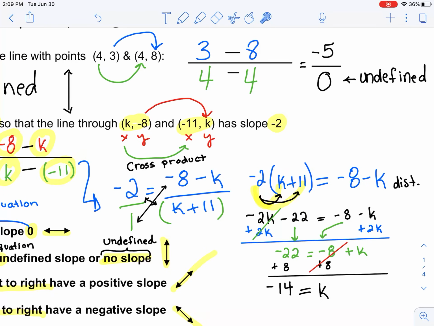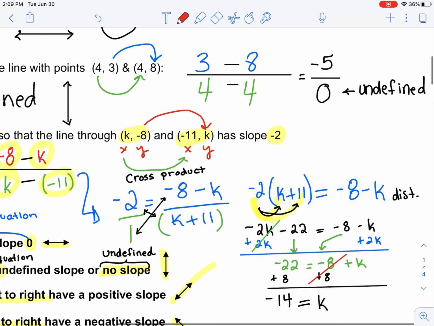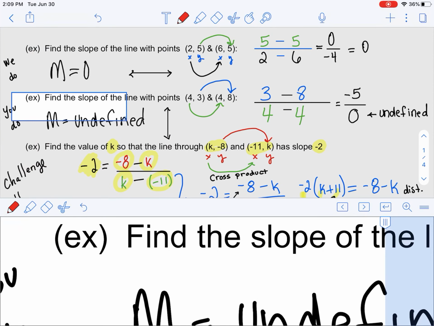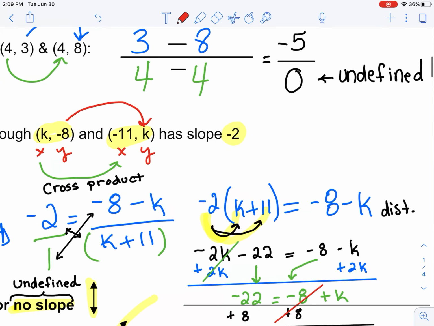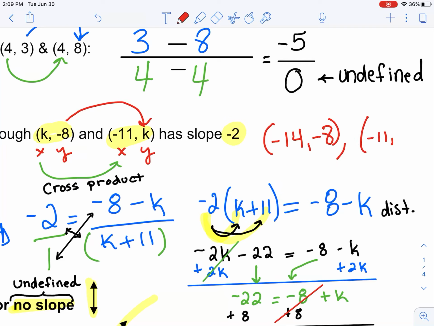So if I were to go back up, I know k is a negative 14. My ordered pairs would be negative 14, negative 8, and negative 11, comma, negative 14.